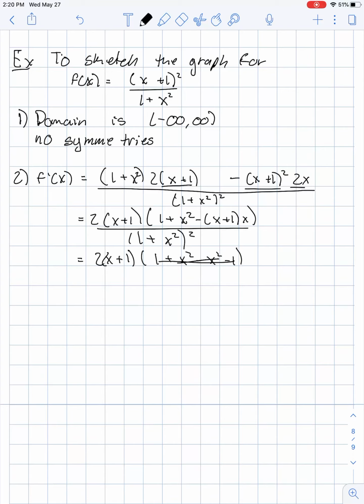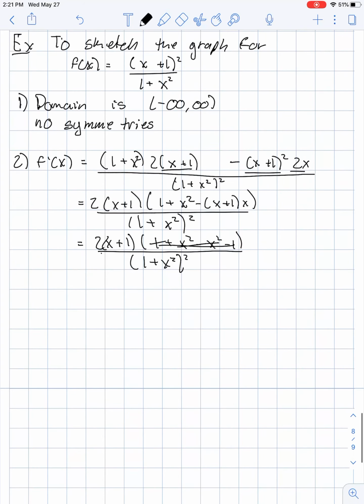So then those cancel out. Okay. The book just did that all in one step and I was confused. So this gives us a grand total of 2x plus 1 over 1 plus x squared squared. This is a lot easier to handle than the first jumbo mumbo that I got. All right, so that is f prime of x.